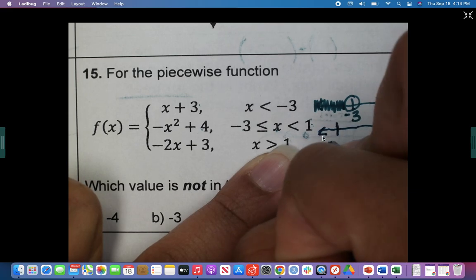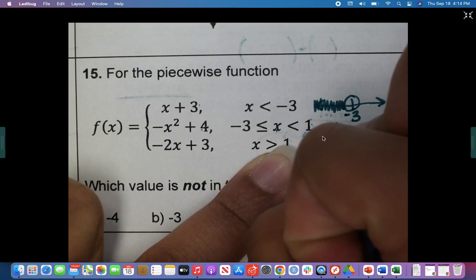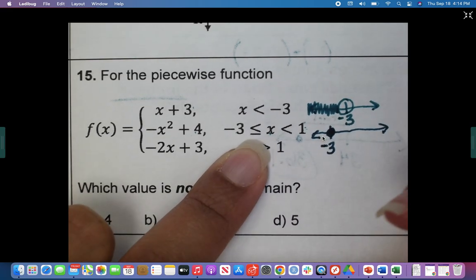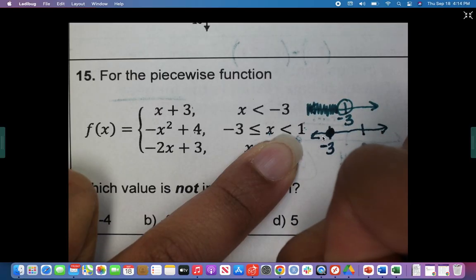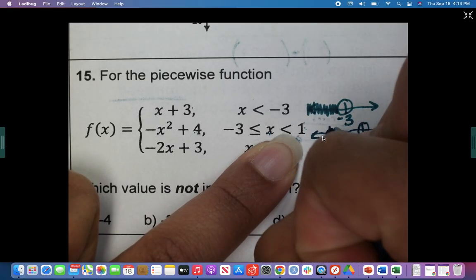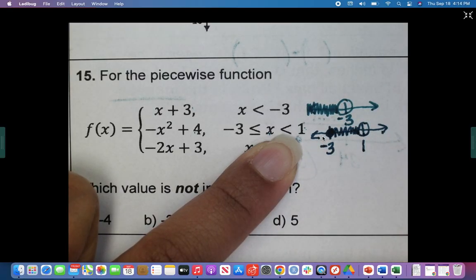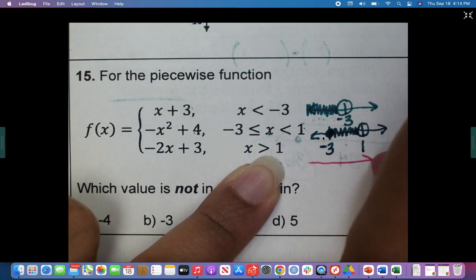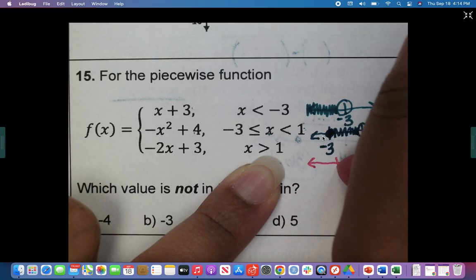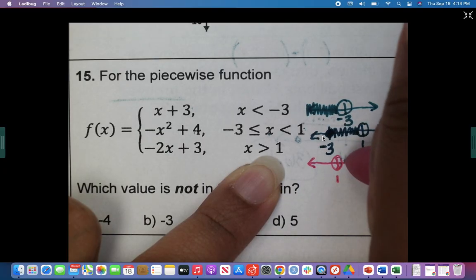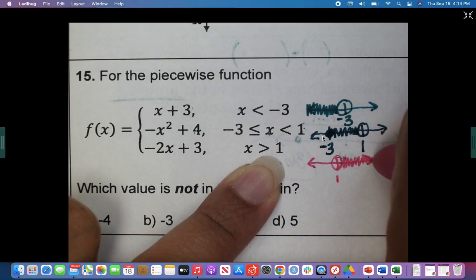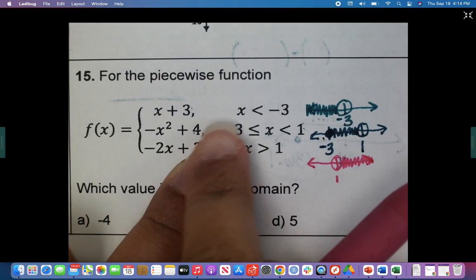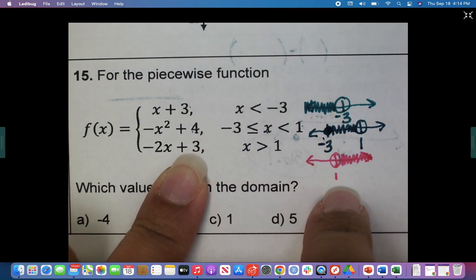So -3, that one would be a solid dot because it is allowed to equal. Up to +1, open dot, and then anything in the middle. And then the last one, x is greater than 1. So 1, open dot, and then everything to the right. All right, so that's what these intervals mean. So I drew pictures for you.